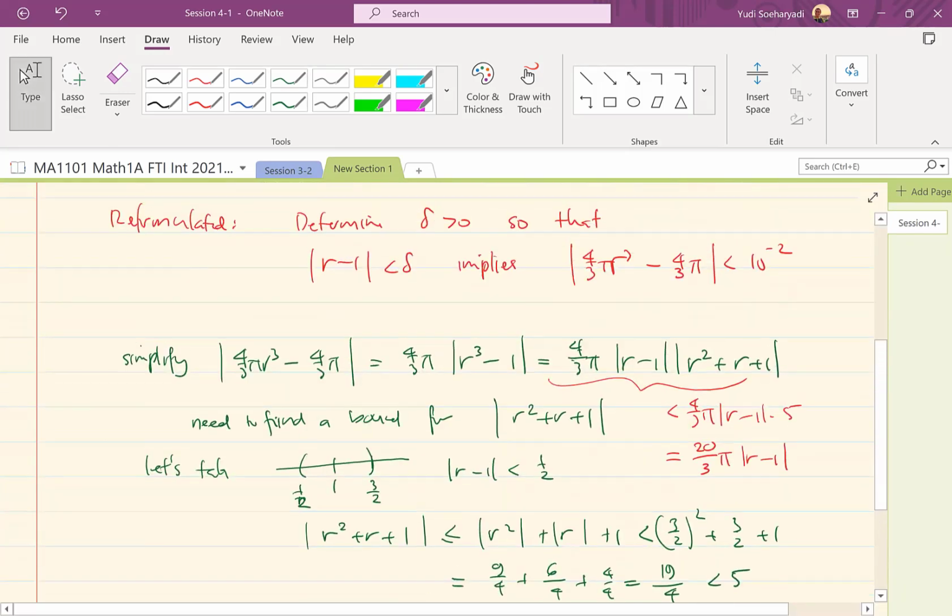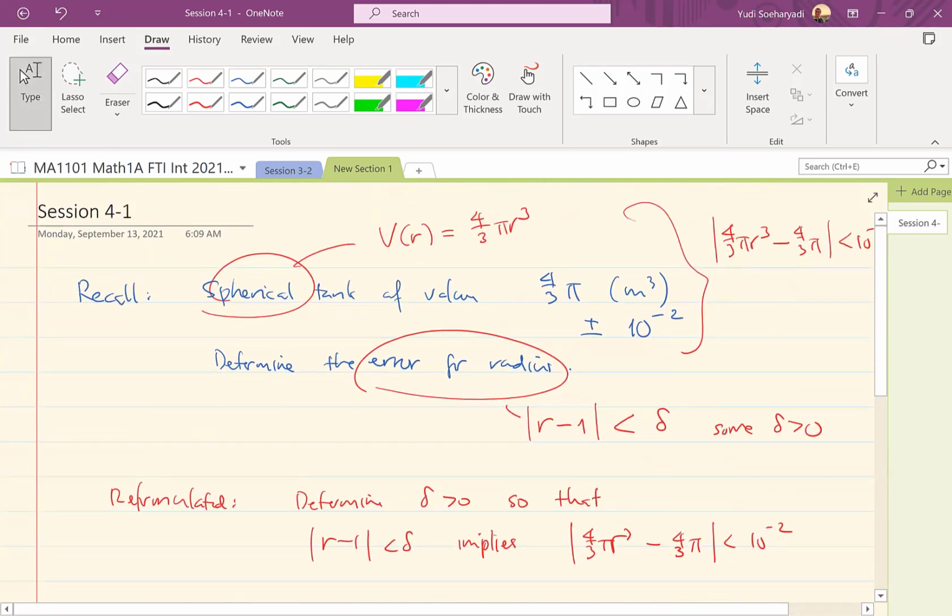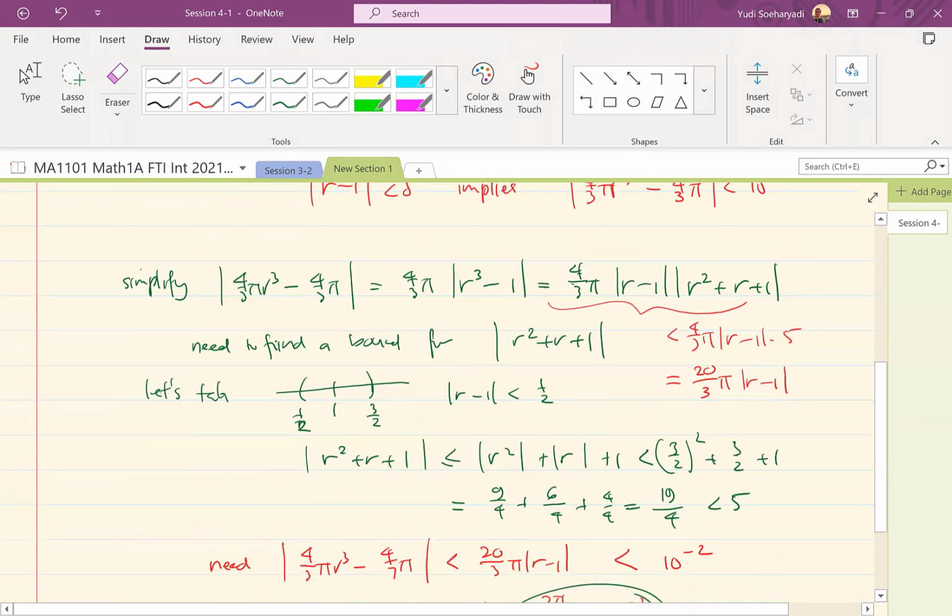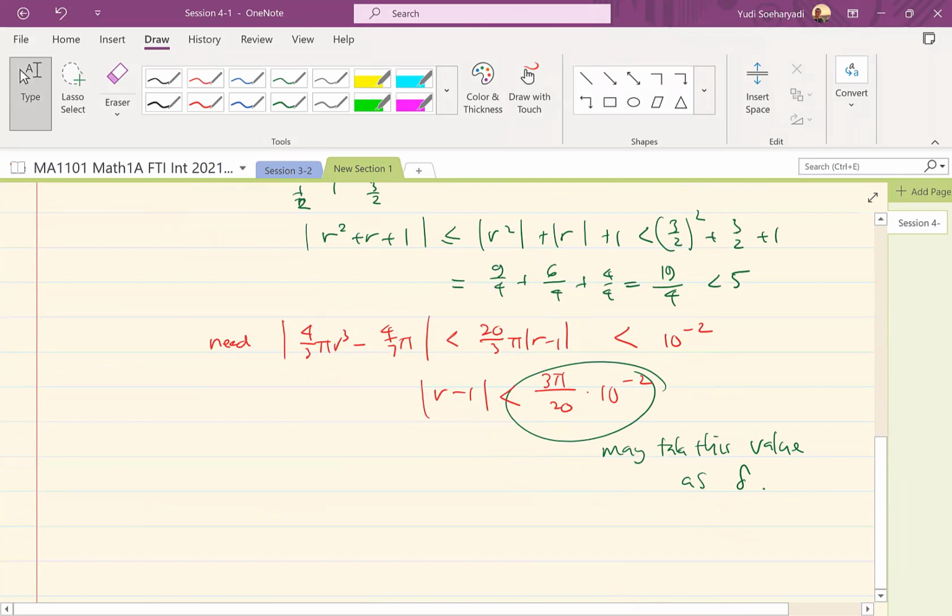The point is that it doesn't matter if you start with 10 to the negative 2, 10 to the negative 3, or whatever the number is. Okay. The important thing is the 3 pi over 20. So it's flexible.